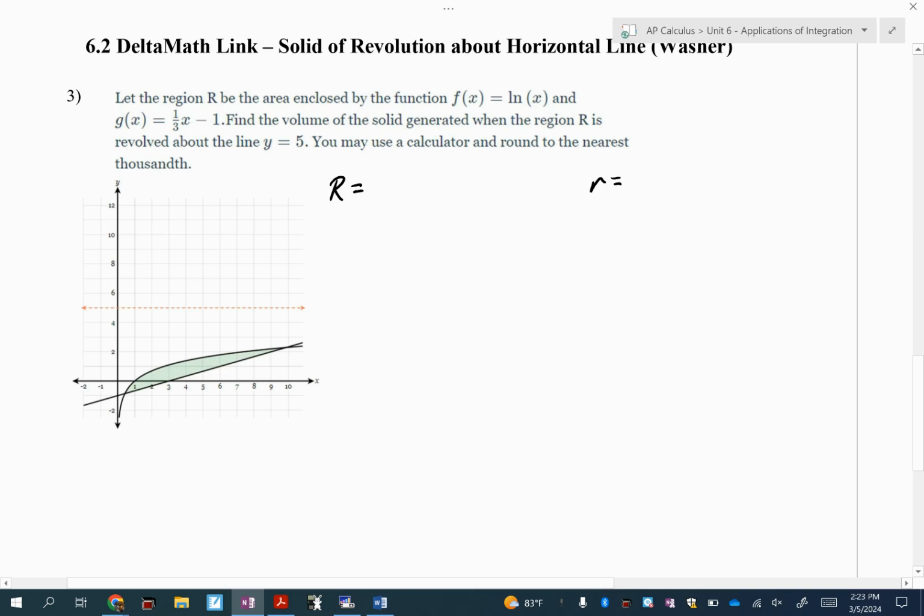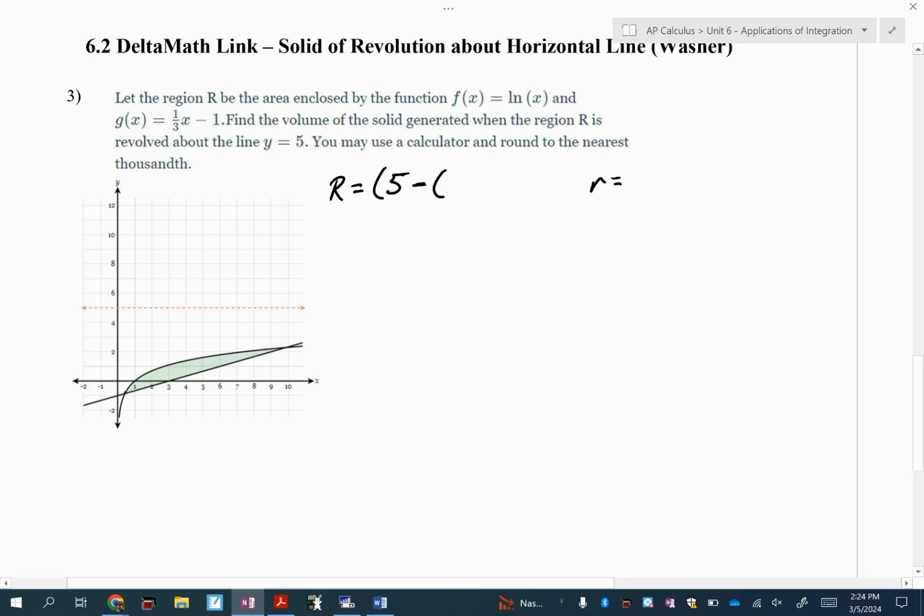Okay, what is the line that we're revolving around? Y equals 5. So I'm going to do 5 minus, and which function is farthest away from that line? Actually, the line is farthest away, right?